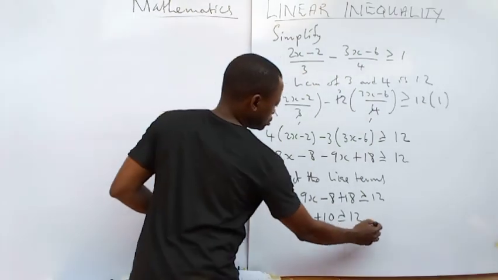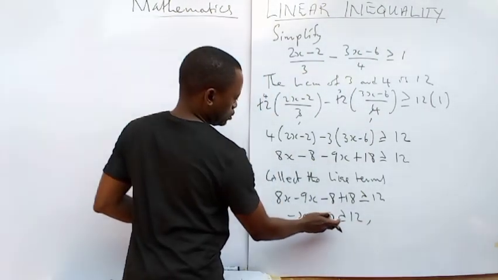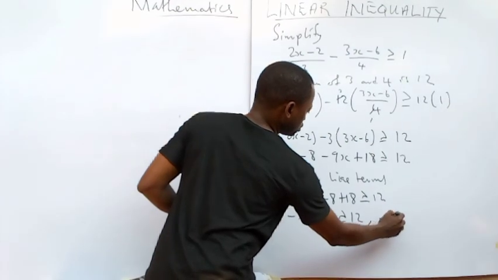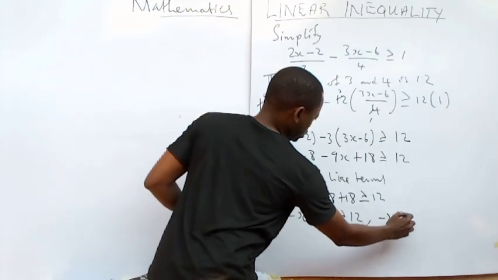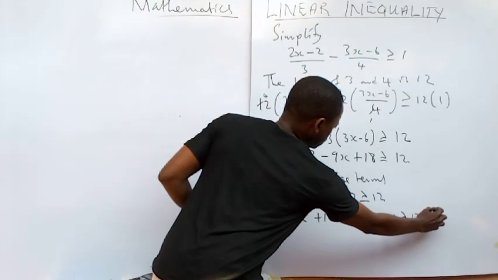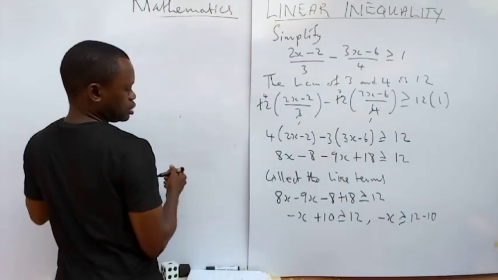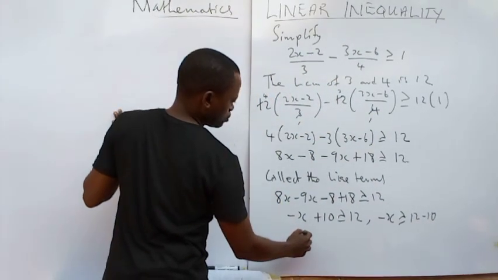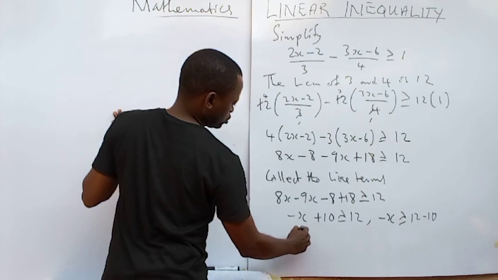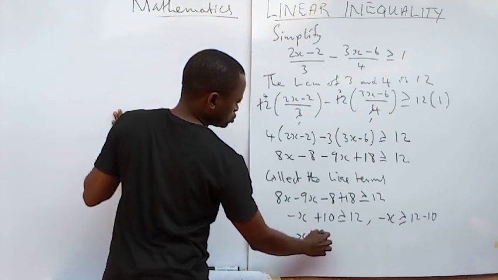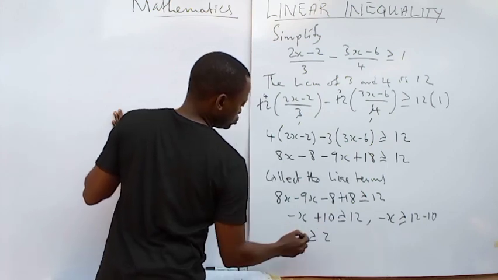So you know that there's a comma. This will come over here, and you have minus x greater than or equal to 12 minus 10. And that will give us minus x greater than or equal to 2.